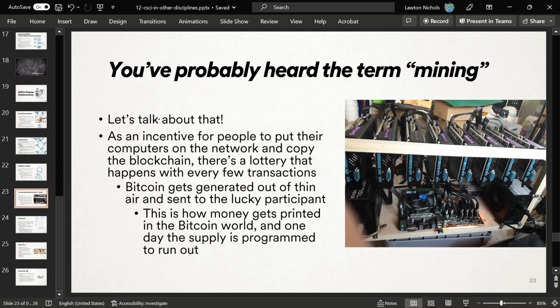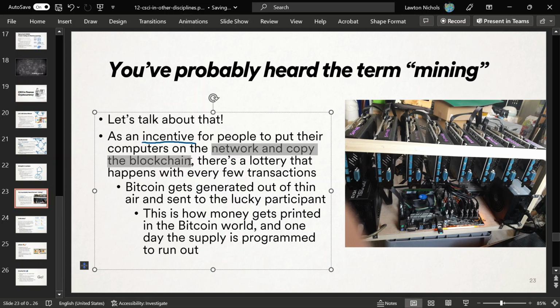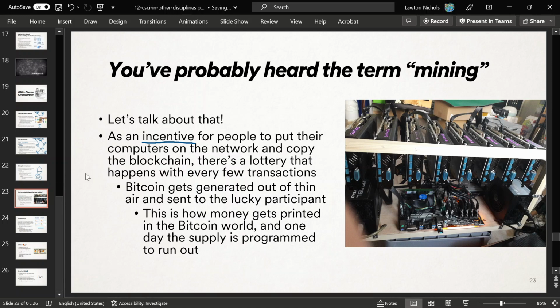And so as an incentive, this is a nice thing about Bitcoin, as an incentive to keep people on the network so that there's always enough and nobody can take it over and hold a copy of the blockchain on their precious 15 gigabytes of space, every time a transaction gets written, or a group of them, there is a little lottery process on the Bitcoin network.